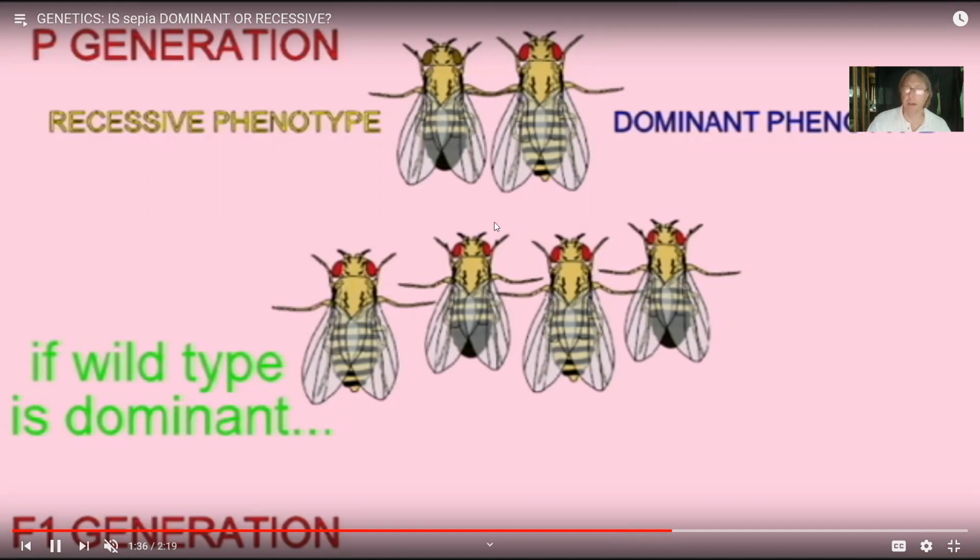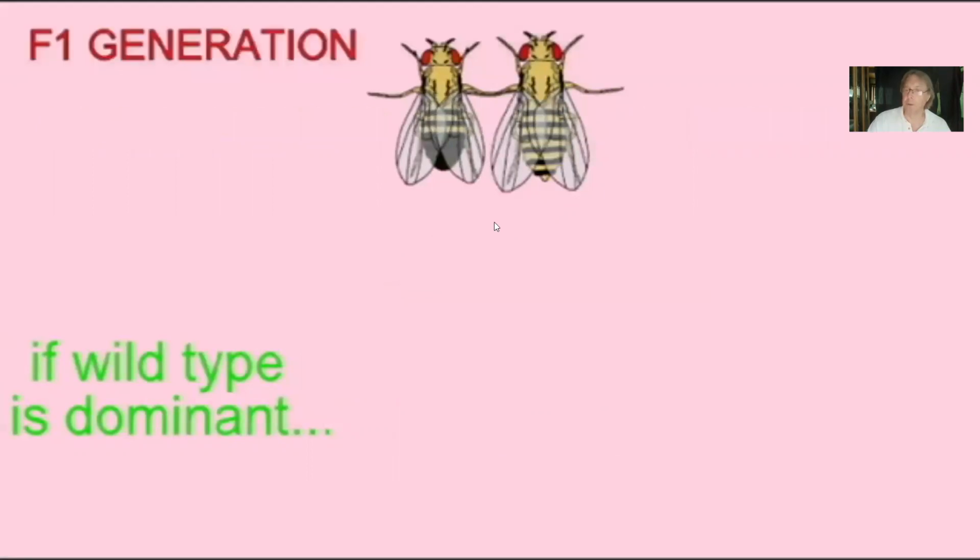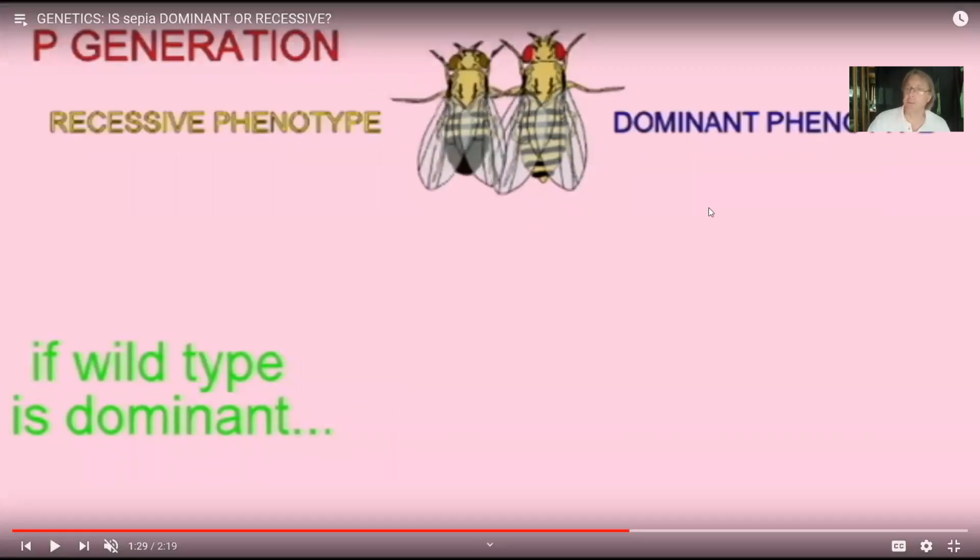So if this individual was a heterozygote, half of their offspring would have had the sepia condition. And so we can control matings with flies and thus determine whether this individual is heterozygous or homozygous dominant. That is what is known as a test cross.